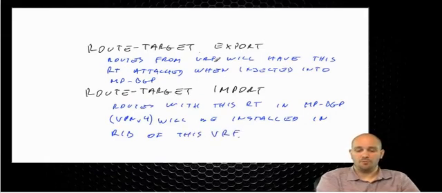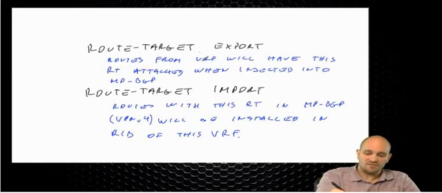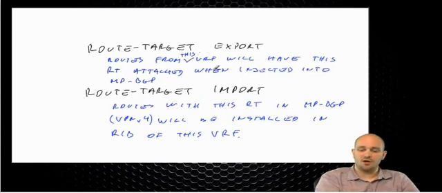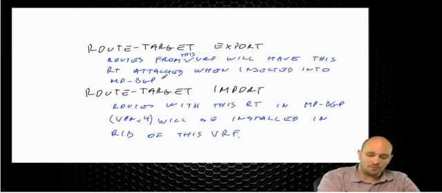So routes from this VRF will have this route target attached when injected into MPBGP. And again, here I'm talking about the VPN v4 address family.